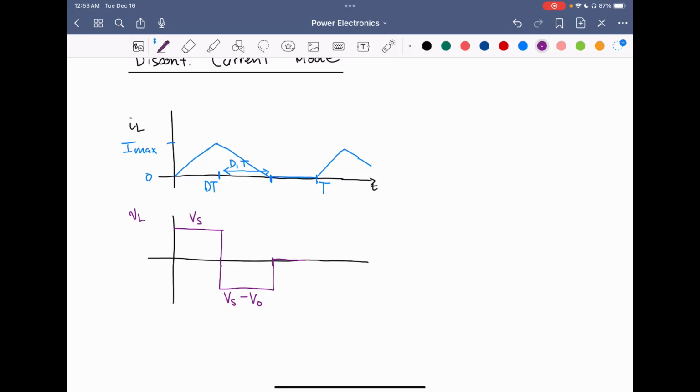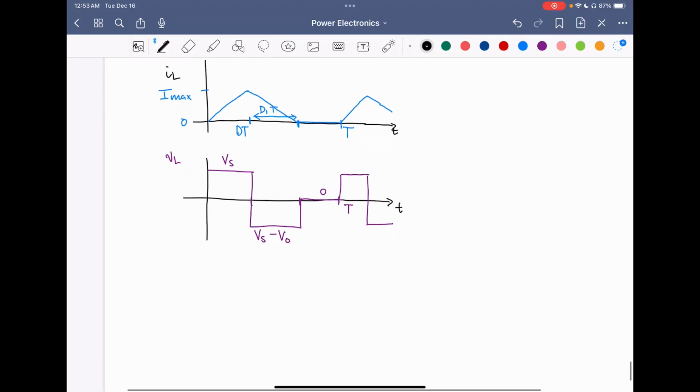And then for the rest of the period, the inductor voltage equals zero. This just repeats periodically and so on. So this is the inductor voltage waveform.